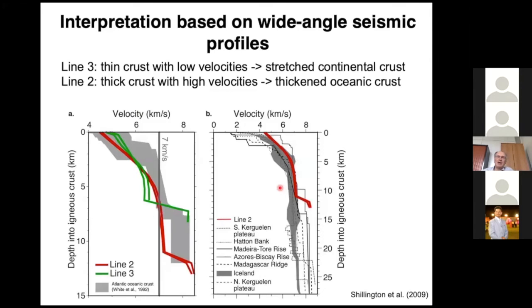So we collect our wide angle seismic profiles, we generate velocity models, and then we want to interpret them. If we want to interpret them, then we need some kind of basis to do that.